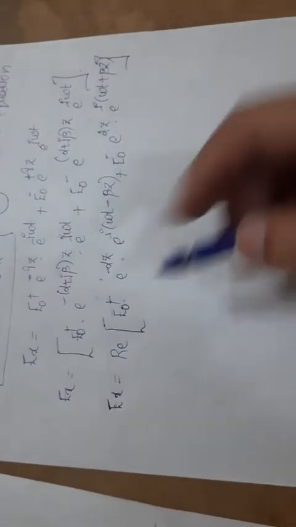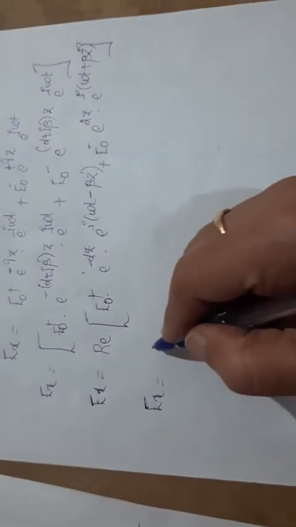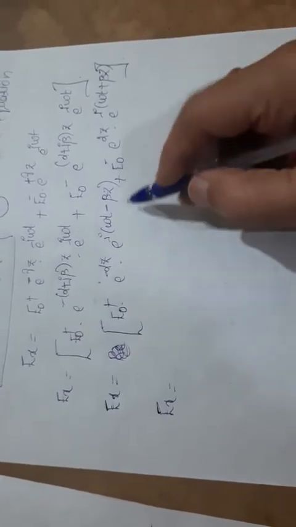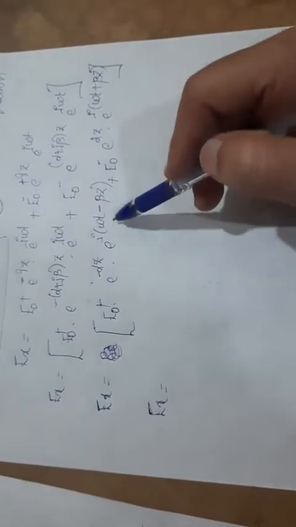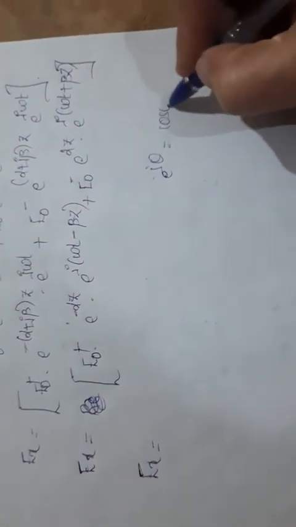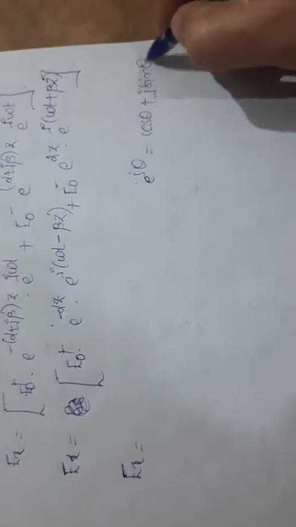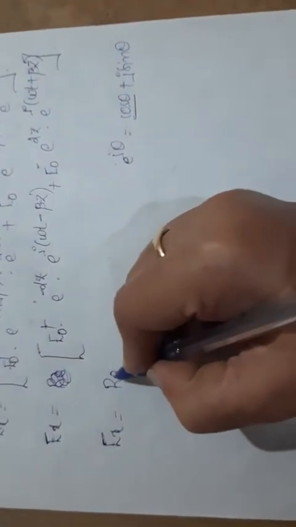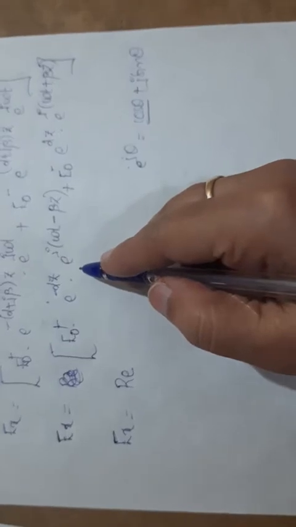Now e power j theta can be written as cos theta plus j sin theta. So e power j theta is equal to cos theta plus j sin theta. Cos theta is the real term of this phasor form, and sin theta is the imaginary term. So now I want to write the real part of this one.